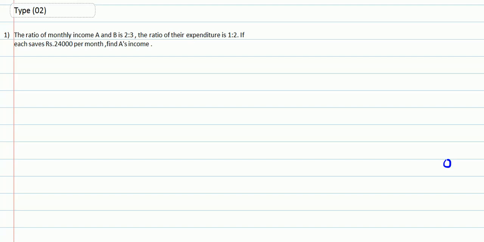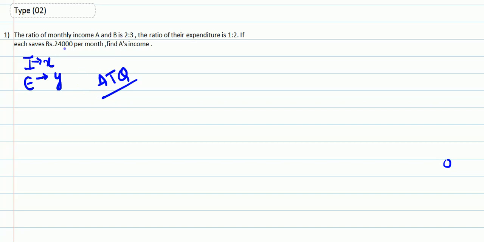If we were to do it by the old method, we would assume a variable for income, expenditure, and savings respectively. So let us assume that the variable for income is X and expenditure is Y. According to the question, the ratio of monthly income of A and B is 2:3.